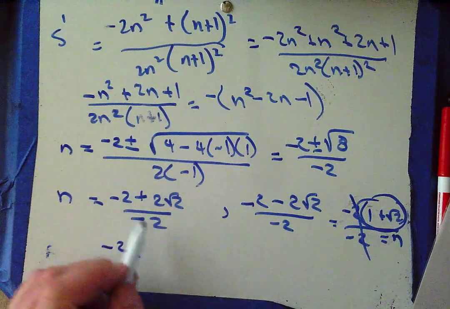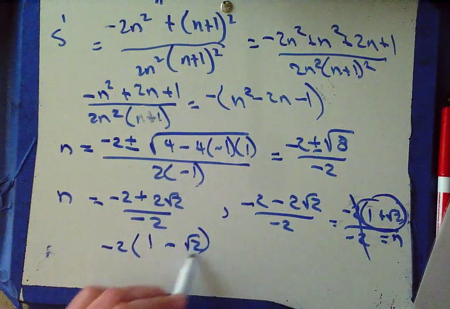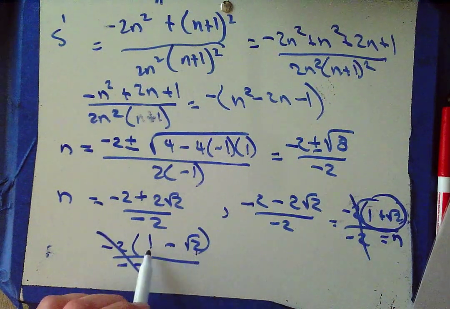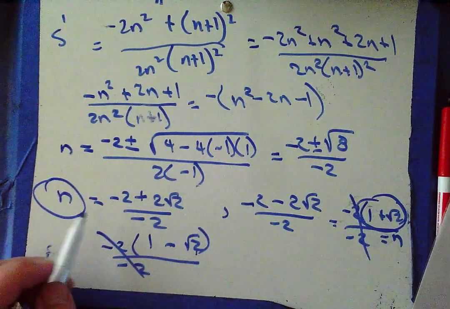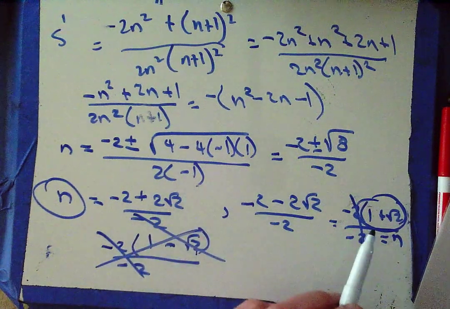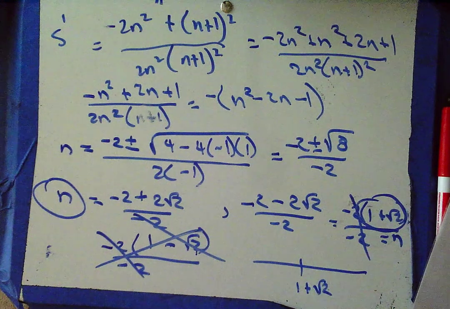If I take out a negative 2, I get 1 minus root 2 over negative 2. Now, root 2 is bigger than root 1, so this is going to be a negative number. But we were told at the beginning of the problem that n is positive. So I discard this solution, and I only have 1 plus root 2.